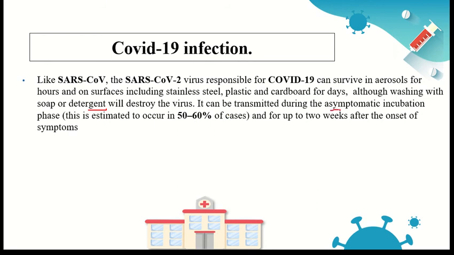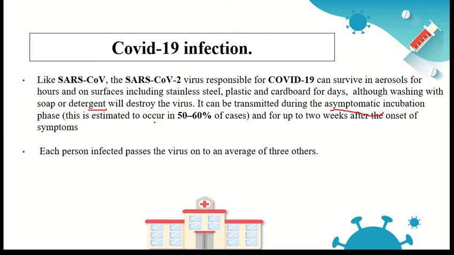Asymptomatic means a symptomless incubation phase. This is estimated to occur in 50 to 60% of cases and for up to 2 weeks after the onset of symptoms. Each infected person passes the virus to an average of 3 others. The incubation period is about 5 to 6 days, range 1 to 14 days.